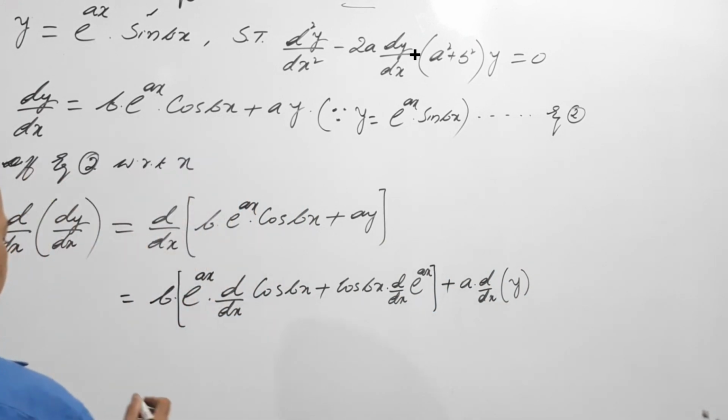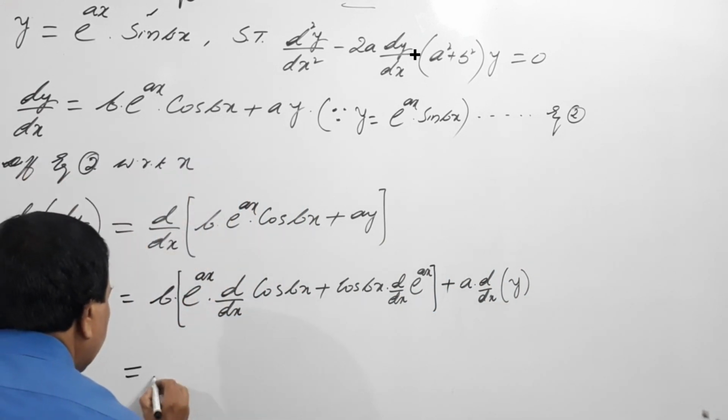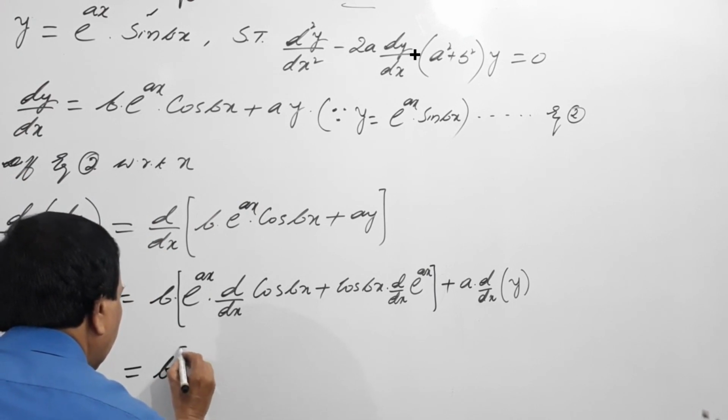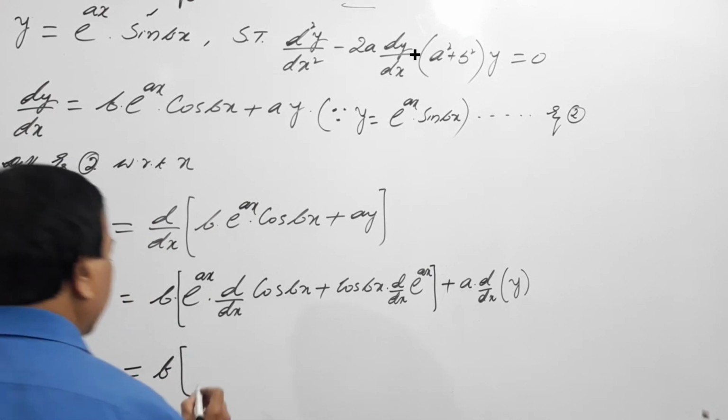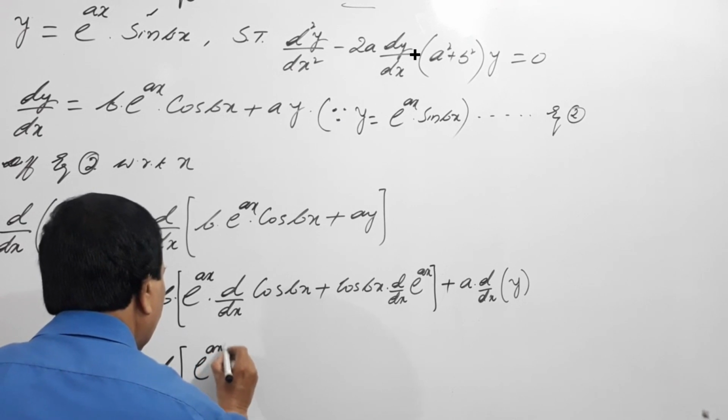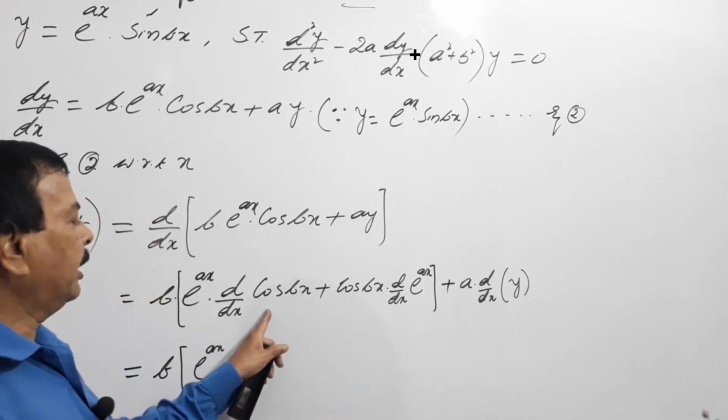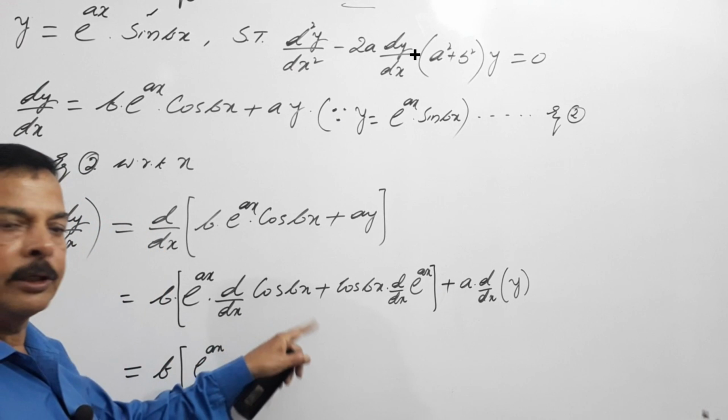So if we differentiate this, b into e to the power of ax, d by dx of cos bx is minus sin bx into b.